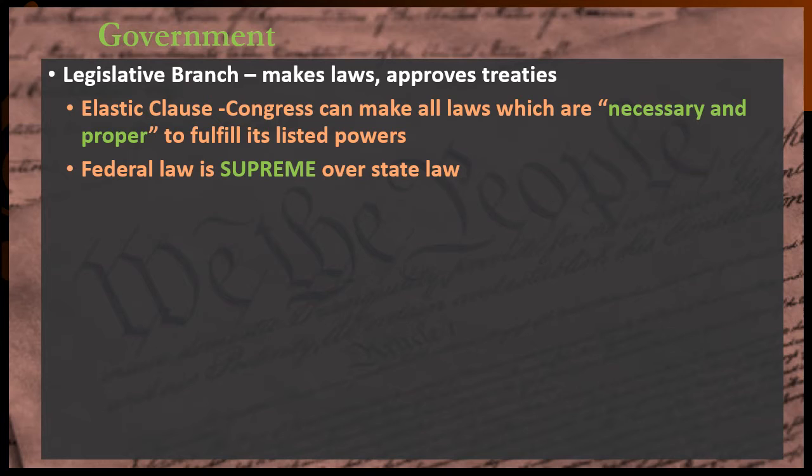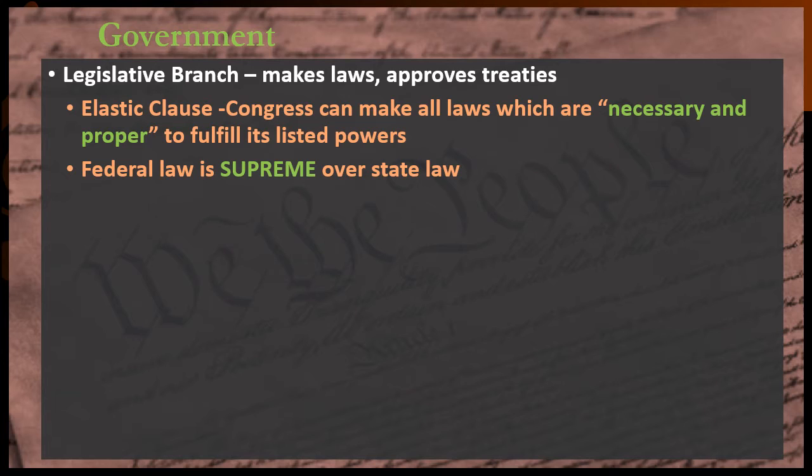They can make a law if it's an extension of something they already have the power to do. So the phrase necessary and proper, you have to think about, what does that mean? What is a necessary law? What's a proper law? So this gives Congress some wiggle room, which is why it's called the elastic clause.